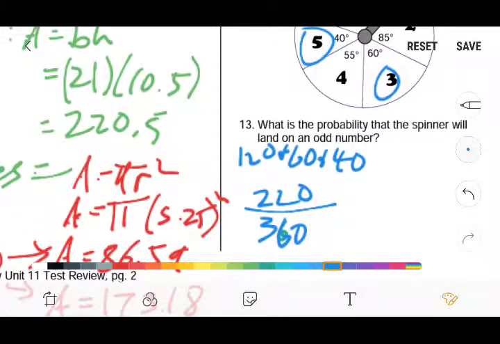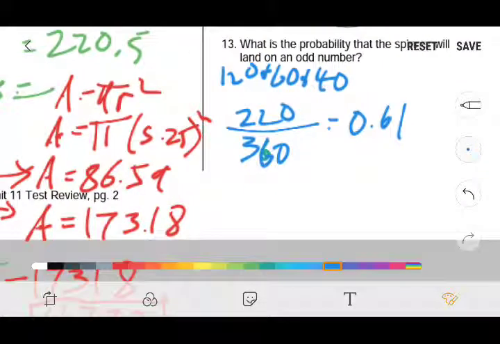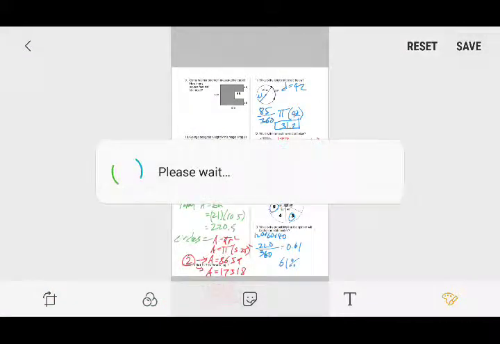Oh, wait. This is all you have to do. So 220 degrees out of 360 degrees. That is 0.61 multiplied by 100. That's 61%. Okay, so that's the first page.